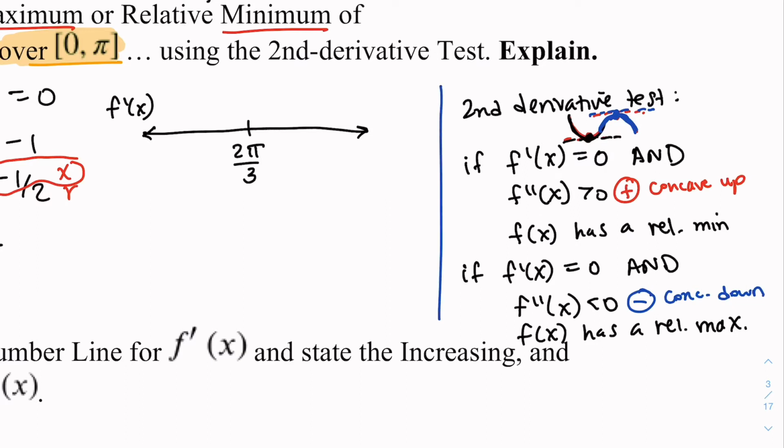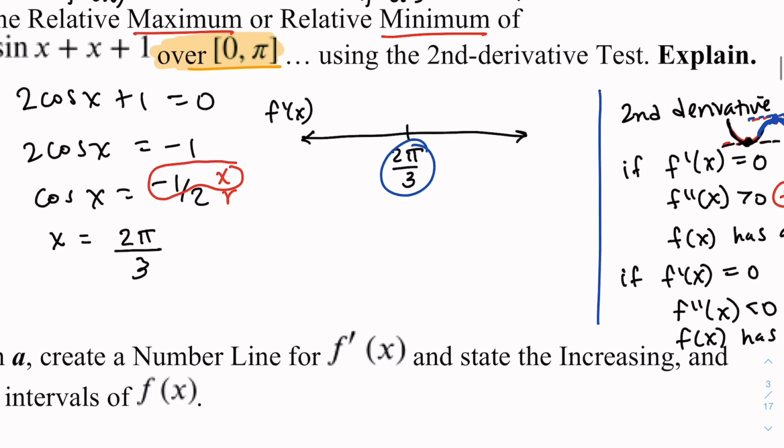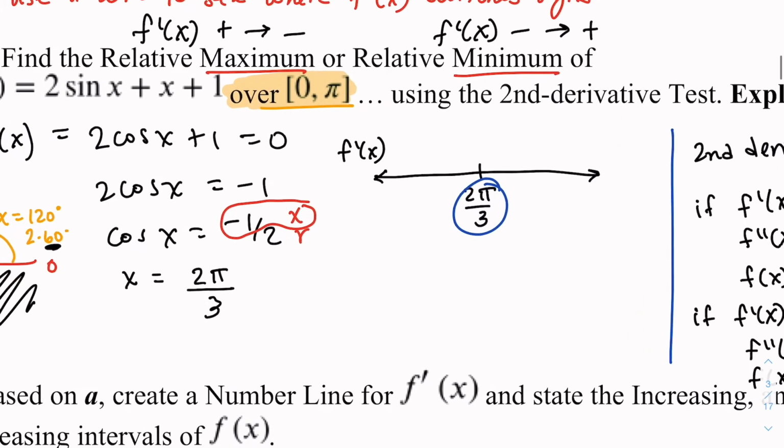So if that's the second derivative test, that means that we need to find the second derivative and figure out at 2 pi over 3, at this point right here, are we concave up or concave down? So let's erase this number line. It's not useful for us when we need the second derivative test. And let's label this our critical point.